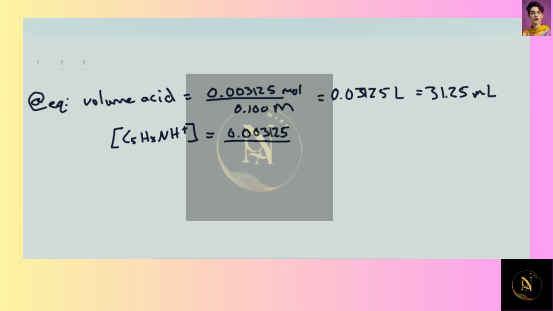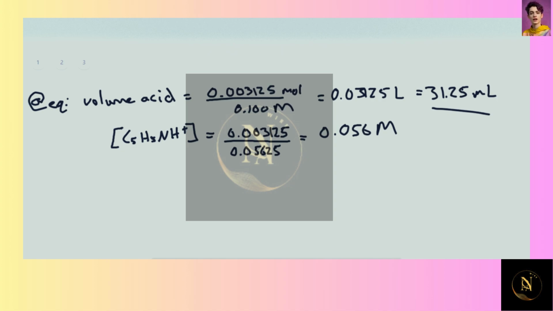And we divide by the total volume, which is this plus the initial volume. So we get 0.05625, which is equal to 0.056 molar. So this is our concentration here.